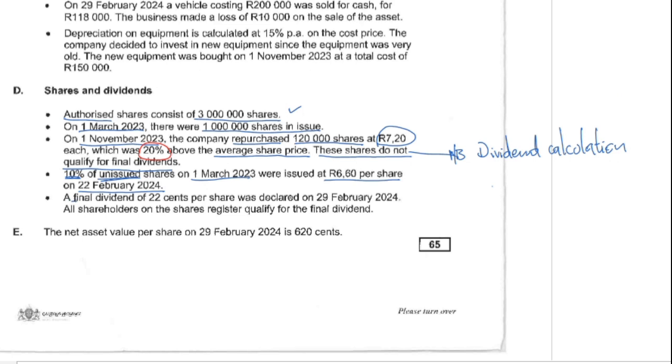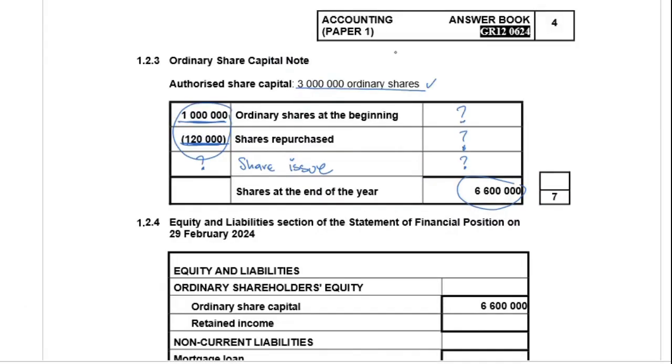A final dividend of 22 cents per share was declared on 29 February 2024. All shareholders on the share register qualify for the final dividend. This final piece of information is going to give rise to a balance sheet item called shareholders for dividends. So we need to keep this information in mind because it will become relevant when we start preparing the balance sheet.